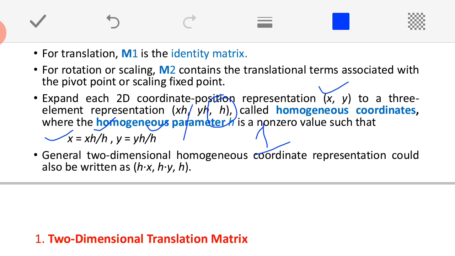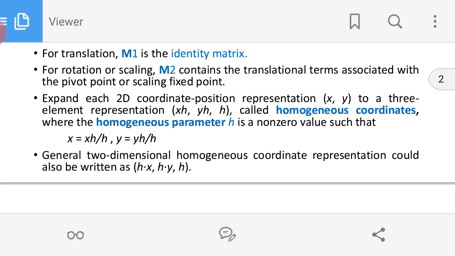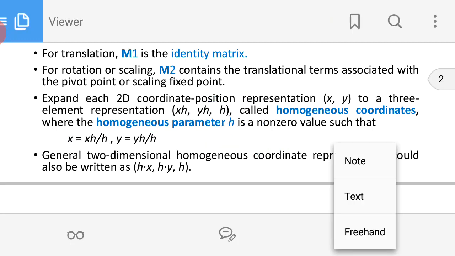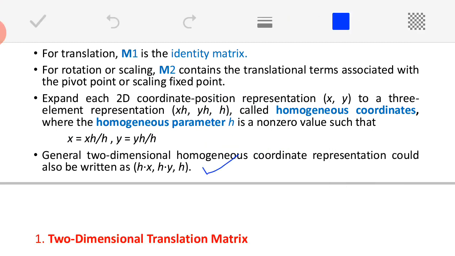So, xh by h, yh by h, and h becomes 1 there. And by using the same thing, now we can write the 3 element homogeneous coordinate system in this form.